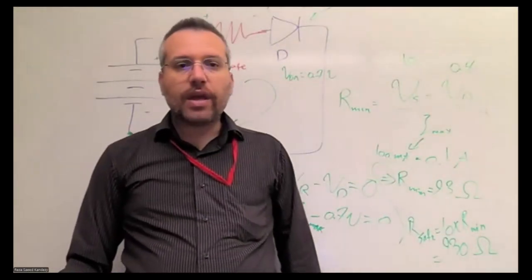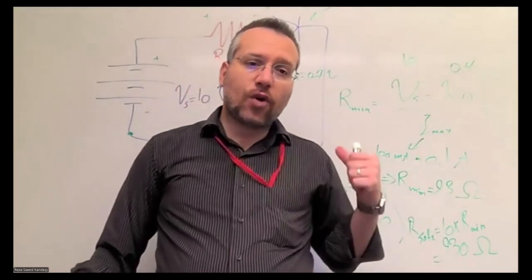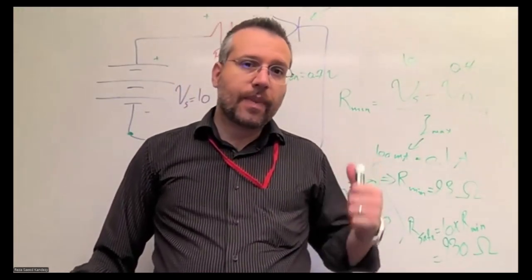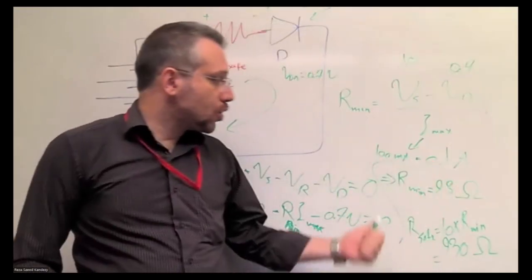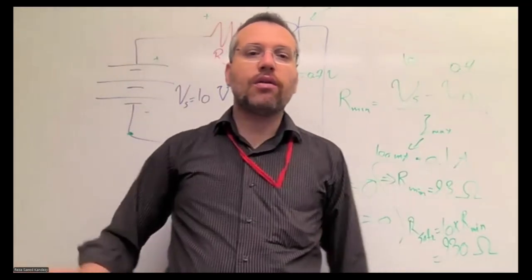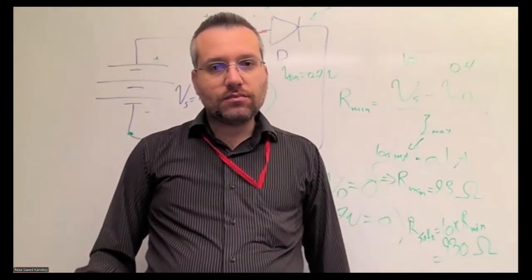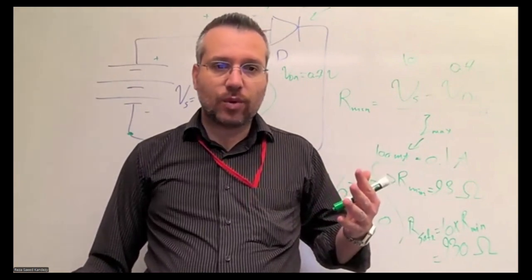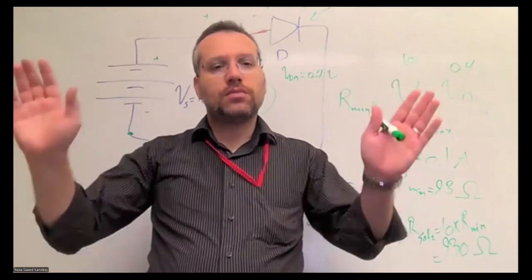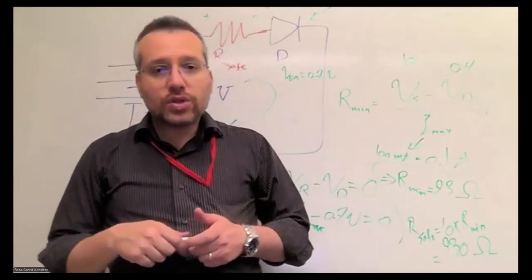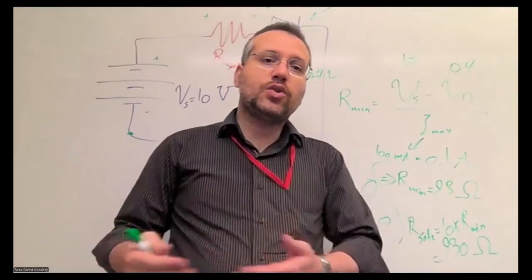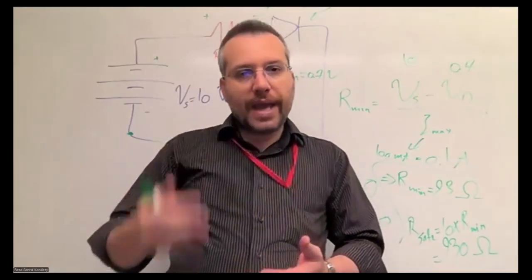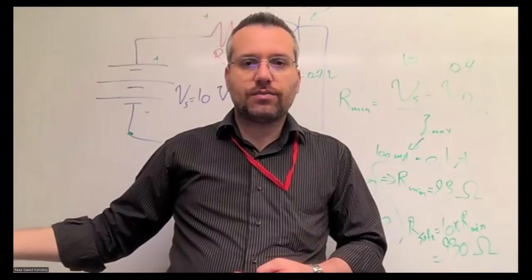Okay, so that way, by using that safe R, we can make sure that we never even get near our maximum current. So let's summarize. We use the formula to calculate the minimum resistance value that we need to protect the diode based on the supply voltage.